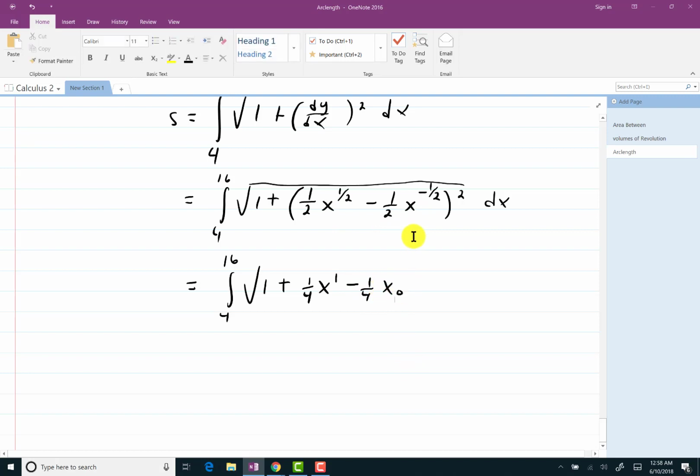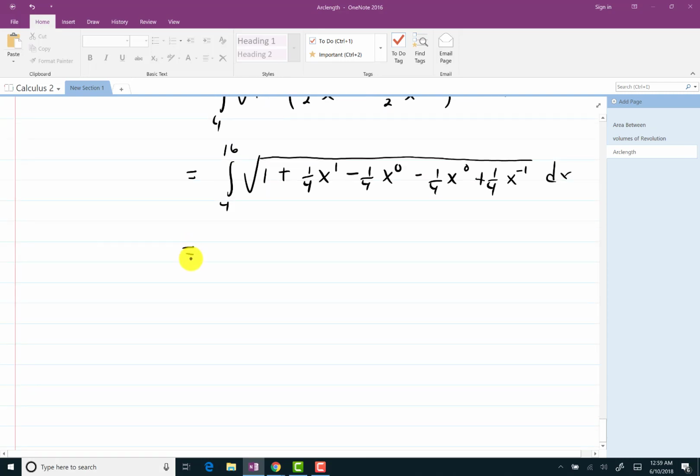And then the inner, which will be this thing times this thing. Well, it's the same thing again. So I have negative 1/4, that's x to the 0, not sub-0, that's to the 0. Finally, I'll have this plus this quantity squared. So I get plus 1/4 x to the negative 1 dx.